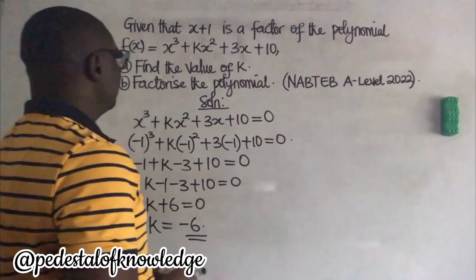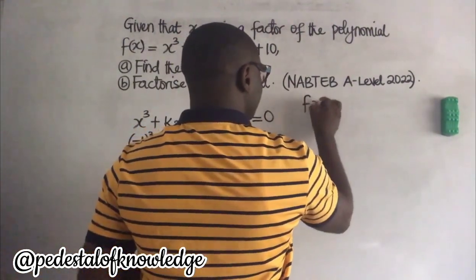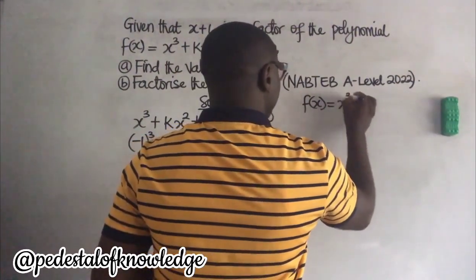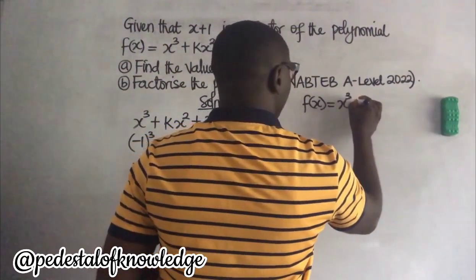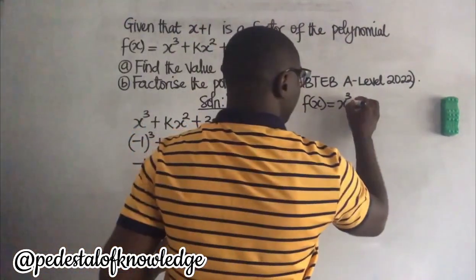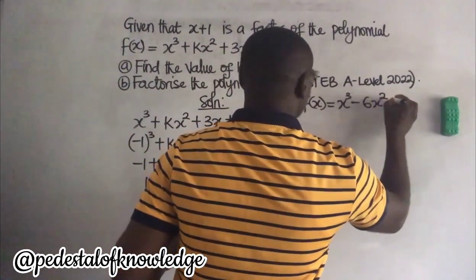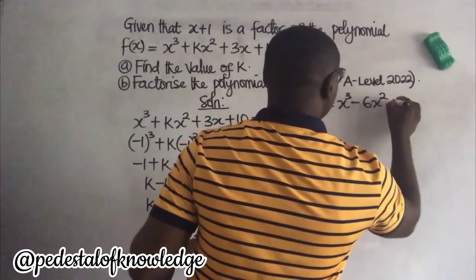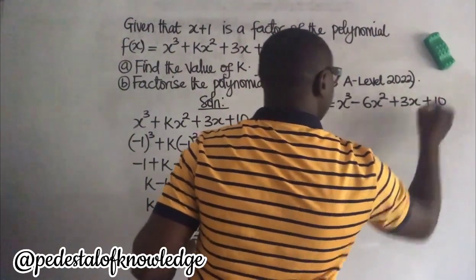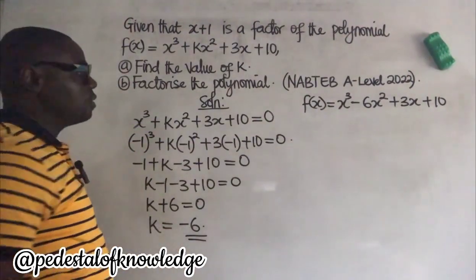So when we replace it there, the polynomial becomes f of x is equal to x raised to power 3, since k is equal to minus 6, minus 6x squared, then plus 3x plus 10. So this is the polynomial now, after replacing k equal to minus 6.